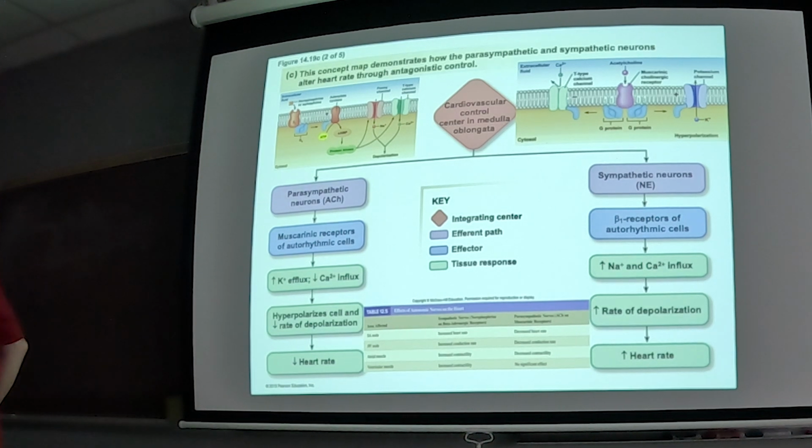And so what's going to happen is with each of your contractions, your funny current is going to get longer and longer and longer, right? And so you're going to depolarize slower and your heart rate drops, right?